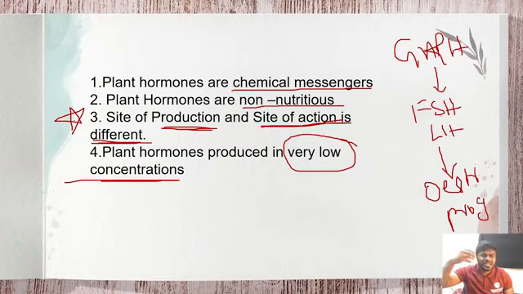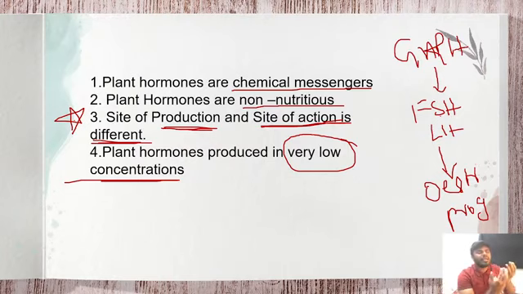But do you think estrogen and progesterone show their action in the hypothalamus? They will act on the ovaries during the menstrual cycle. So what's the point you have to understand? Site of production and site of action are entirely different.